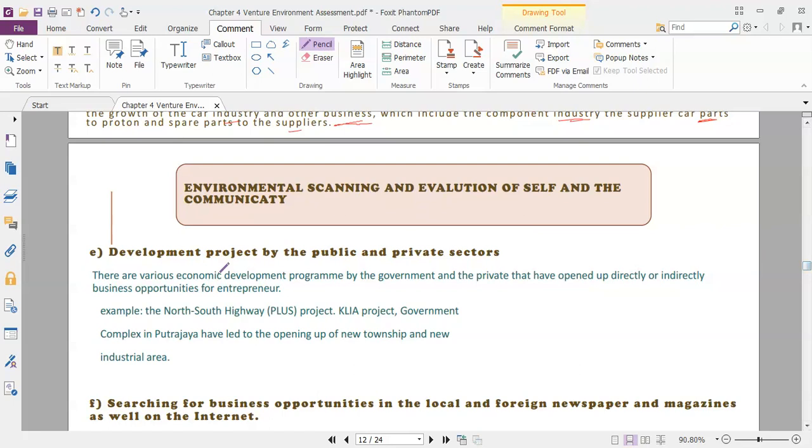Okay, let's look at E. Development project by the public and private sectors. There are various economic development programs of government and the private that have opened up directly and indirectly business opportunities for entrepreneurs.